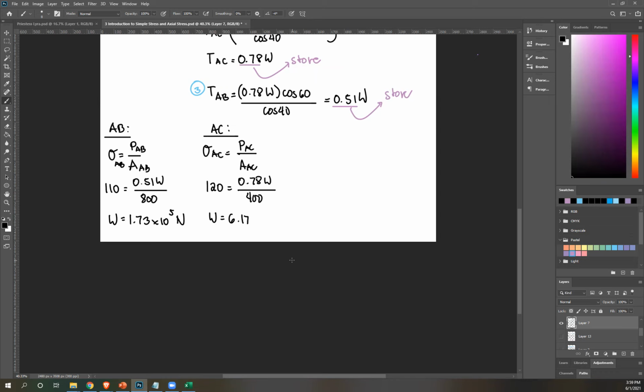No, 6.17. If you use the stored value, you should get 6.17, not 6.15. So 6.17 times 10 raised to 4 newtons.